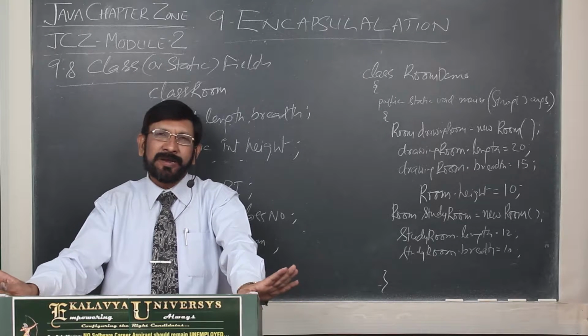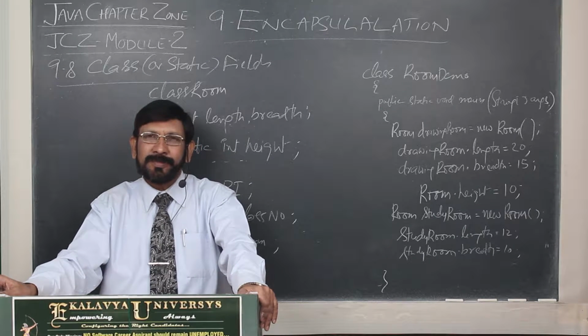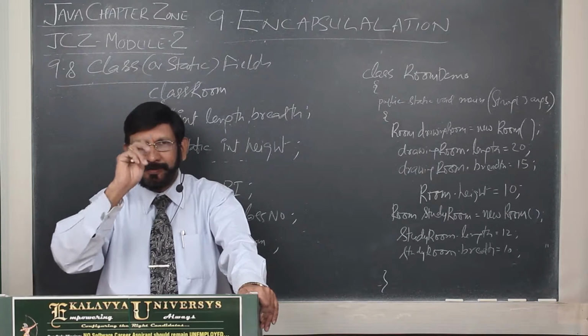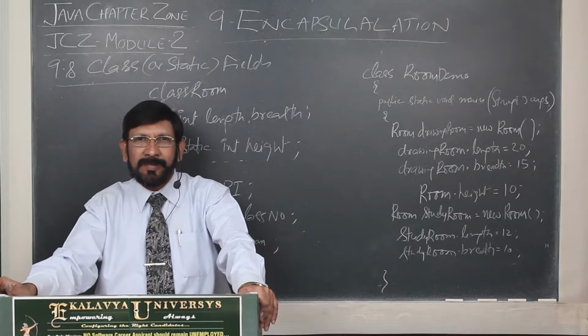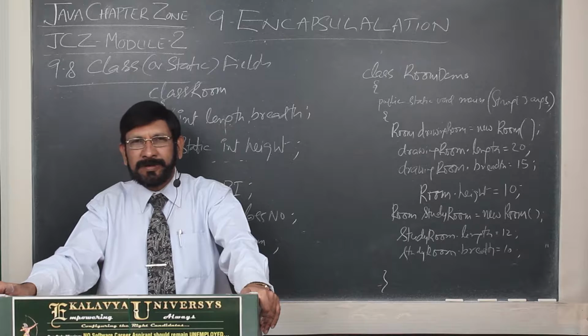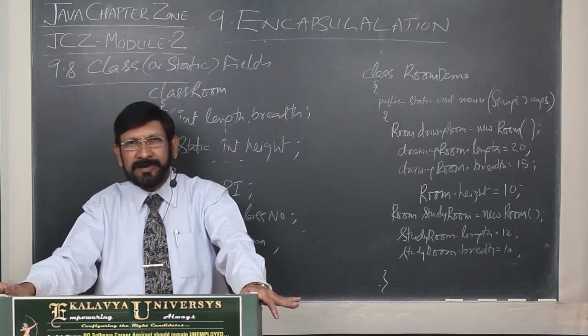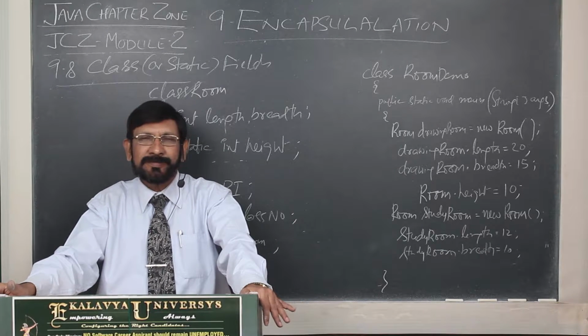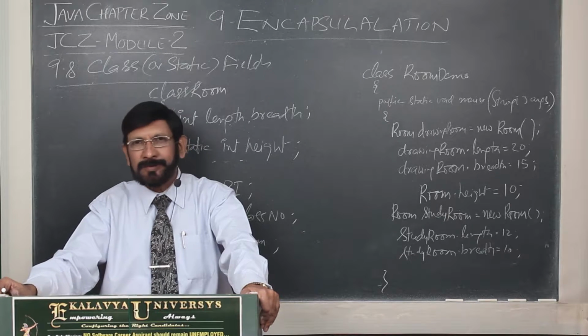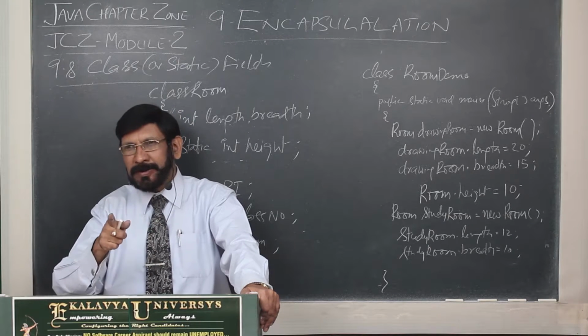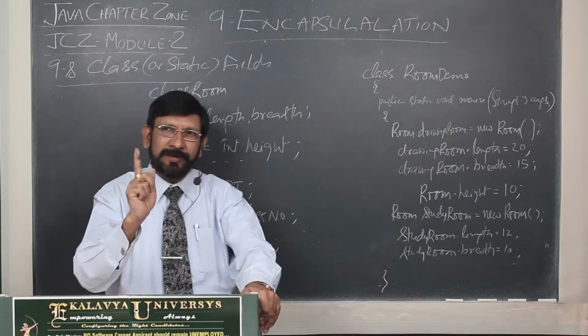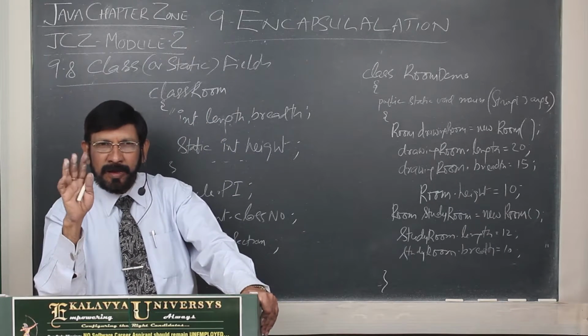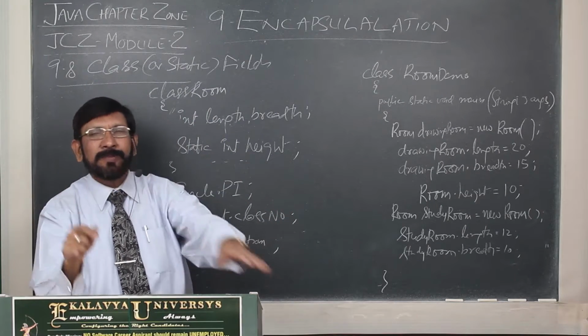You may create 1 or 2 lifts only, for the entire apartment. Are you providing 10 separate power generators, one for each flat? No. For the entire apartment, you are installing 1 power generator.